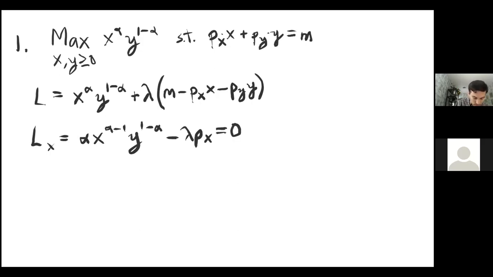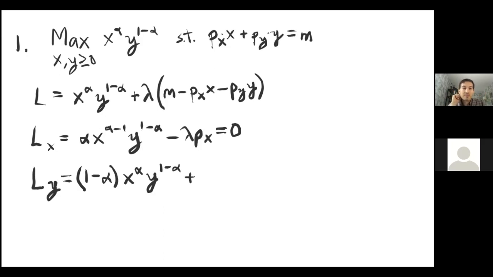Should we do y also? Yeah. Thorough. I think here we get 1 minus alpha, X to the alpha. I would say this one does have a lot more, it has more characters, right? Variables and parameters and a bunch of letters and Greek letters all mixed up.